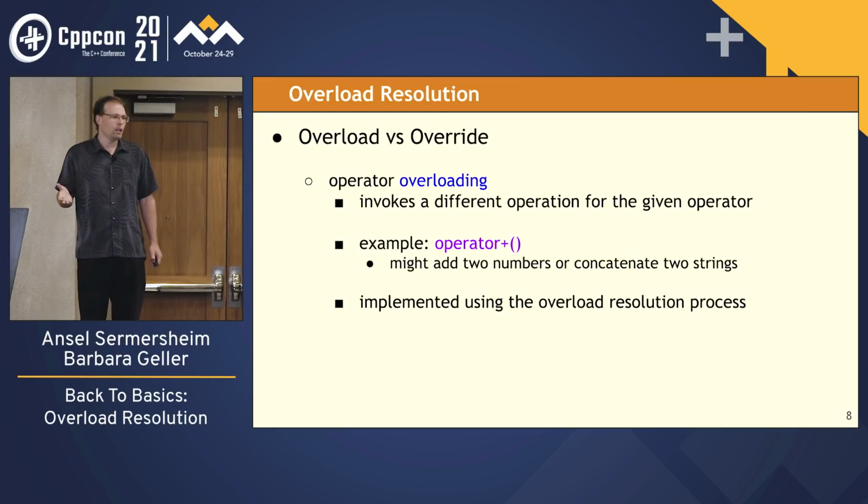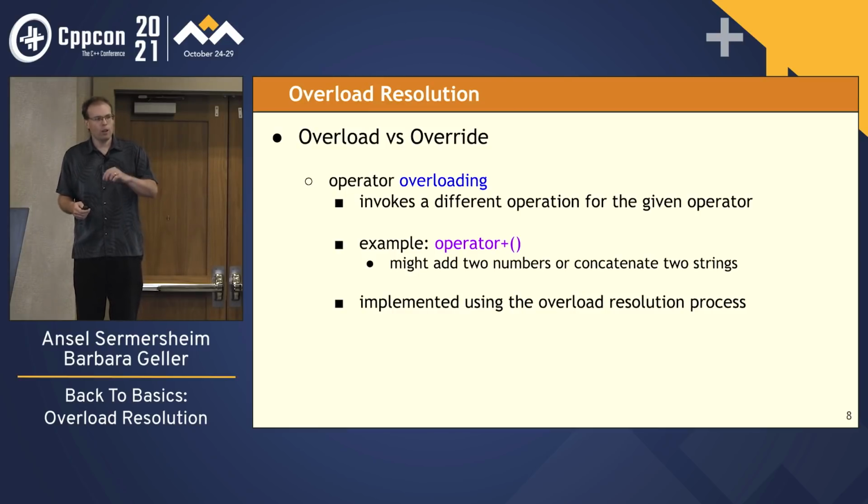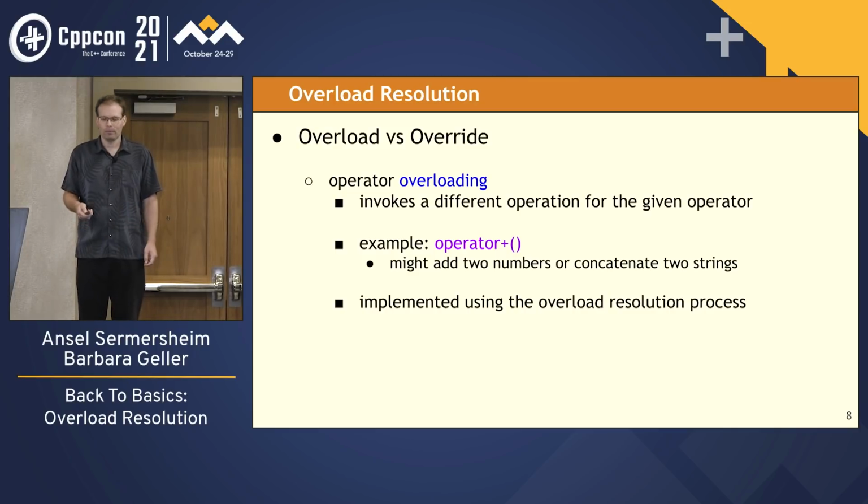So your operator plus might be adding two numbers or concatenating two strings, depending upon the data types you're working with. The mechanism of operator overloading uses overload resolution to find the appropriate implementation for the operator that you're using. So as we go through this and you get a better understanding of overload resolution itself, you will also gain the ability to use operator overloading effectively and understand the decisions it makes.